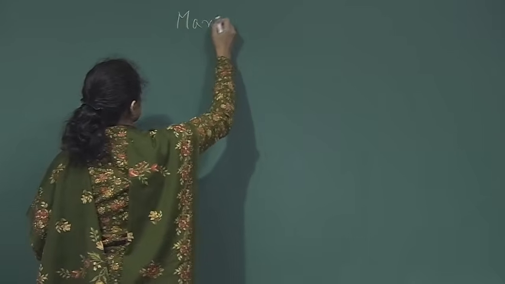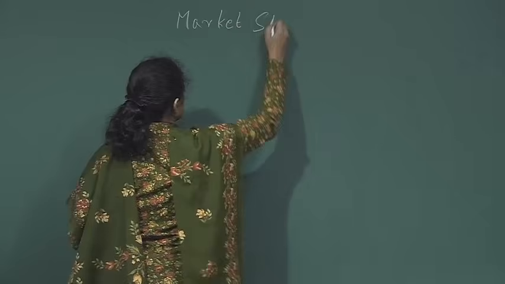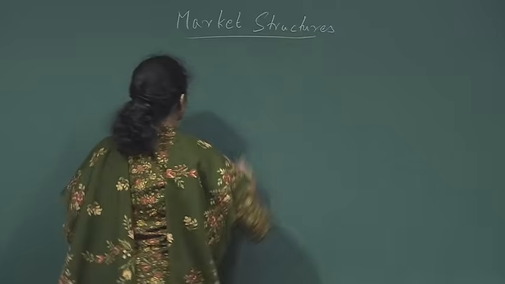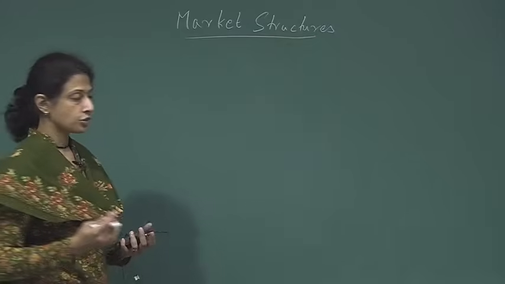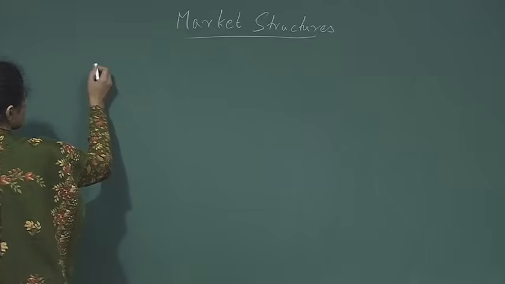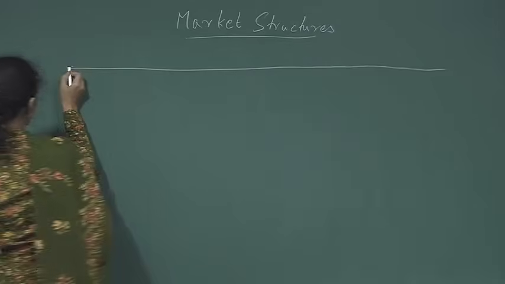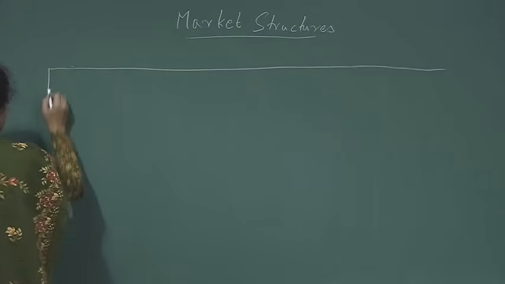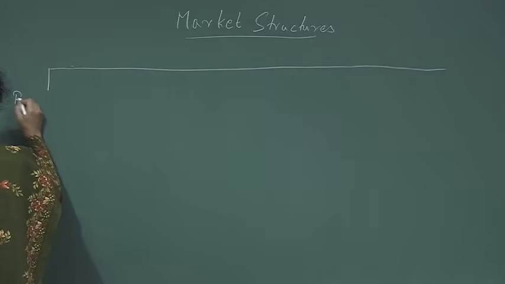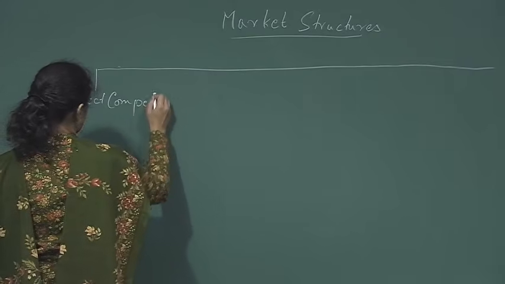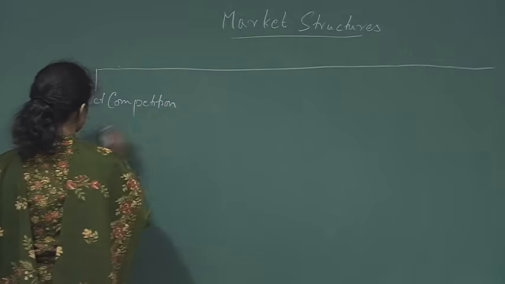Let me just elaborate on the board. So there can be 4 kinds of market structures. On one extreme we have what we call perfect competition.